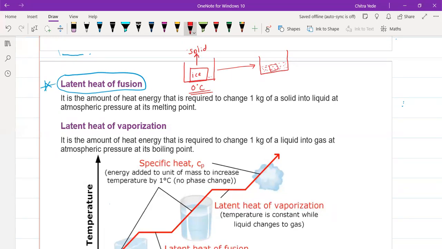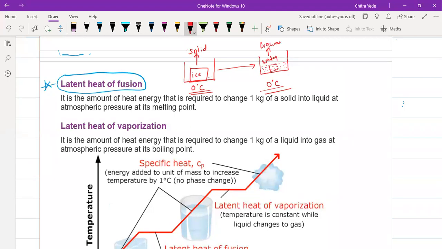So it will slowly form water, and water is in liquid state. But what will be the initial temperature of water? 0 degrees Celsius only, right? You can say it is chilled water also.